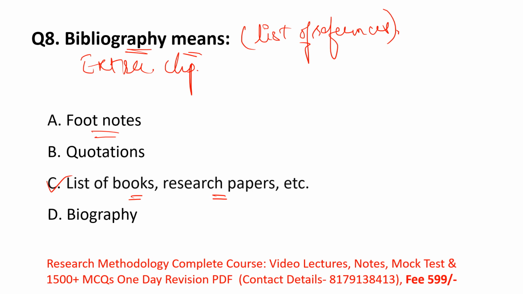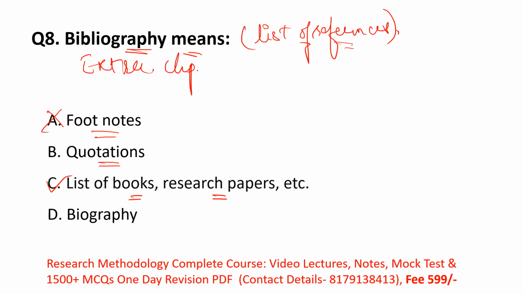Footnotes are notes that are indicated in your text with numbers and placed at the bottom of the page. On every page of a book, a novel, or a research report, you can see notes indicating your text with numbers placed at the bottom of that page. That is known as footnotes. In footnotes they do not mention the references. So this option is incorrect.